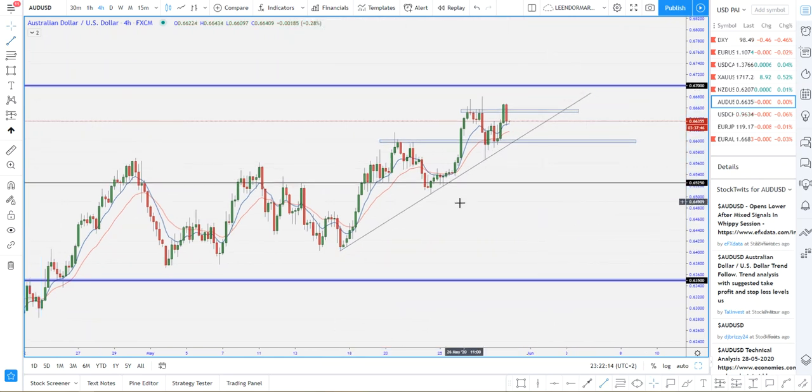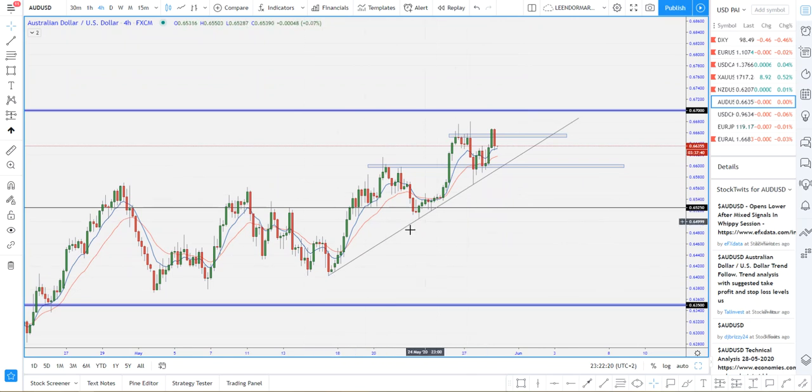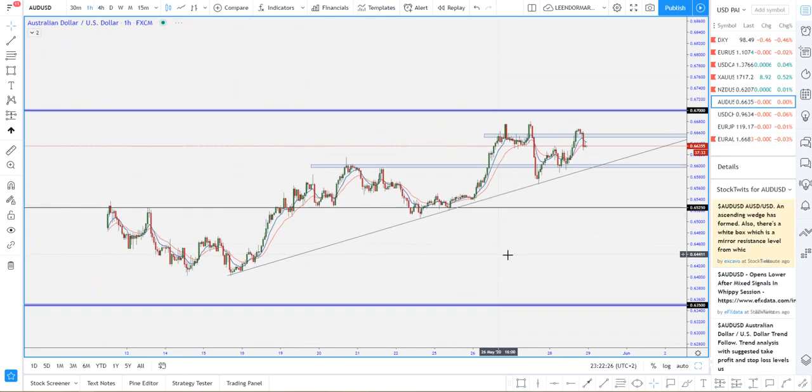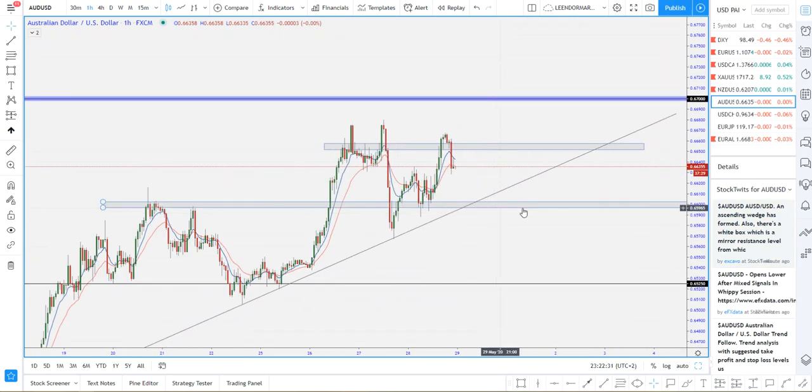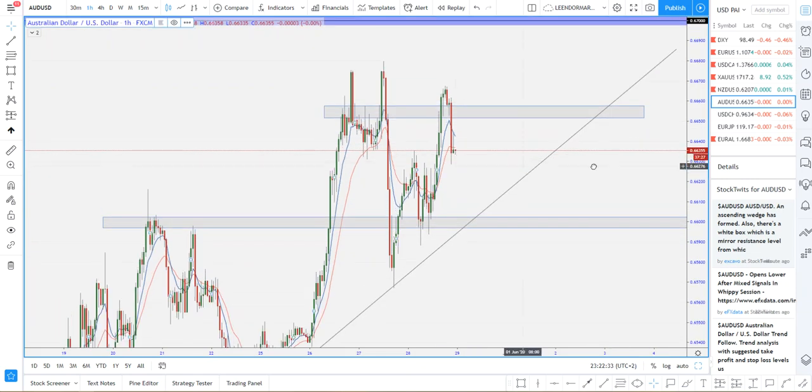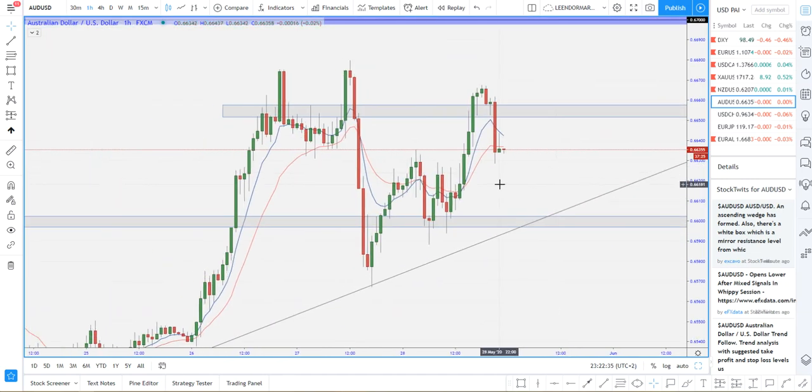You can see how I would have gotten that beautiful entry on that bounce of that trend line going up, right? So from this market, I do see a clean move to the upside from the trend line. Then I can go to the H1 to identify what else I have that can help me get possible entries going to the upside. So remember that we have things and tools that can help us.